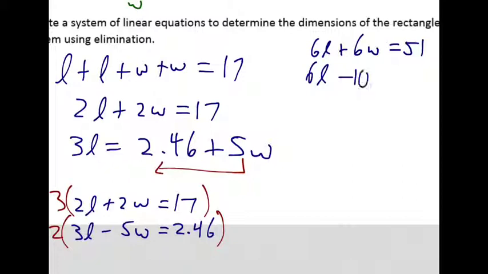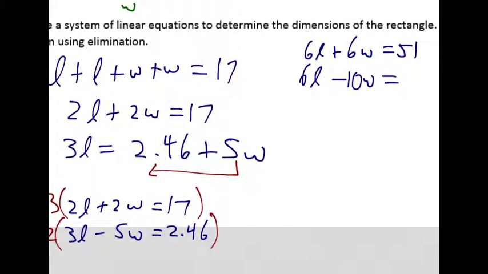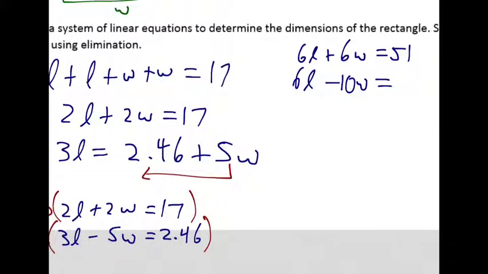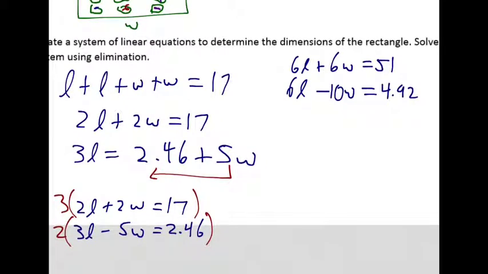That's what I want. Equals, let's see here, 2.46 times 2. I got 4.92. That sounds more right. Check it again. He keeps giving me different answers each time.